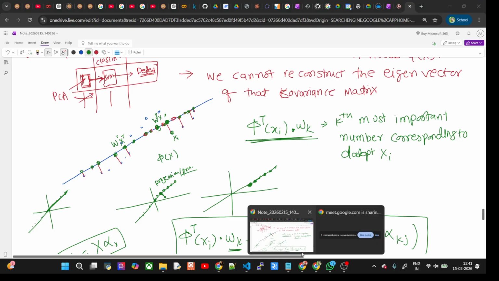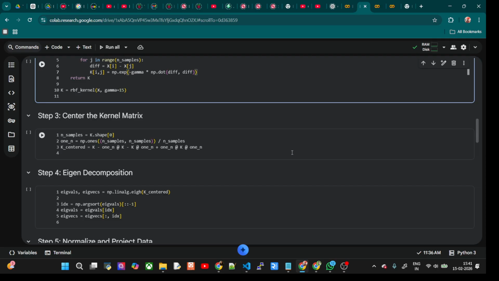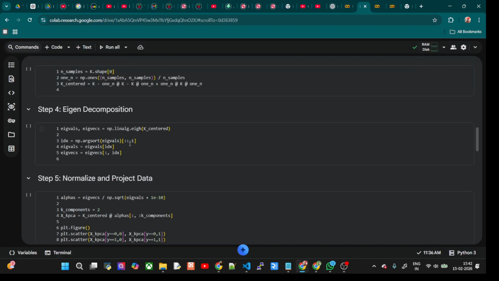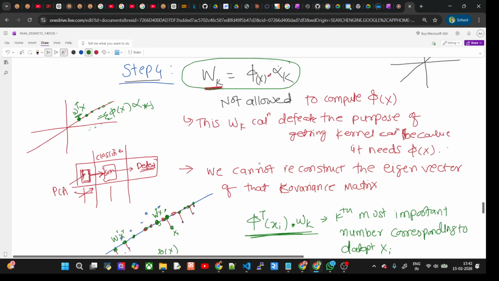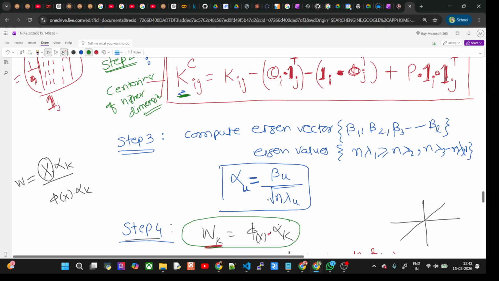And this is the setup here. I am centering the data, doing the eigen decomposition, and calculating eigenvalues and eigenvectors. Here you see alpha is normalized by the square root of n lambda, because we are interested in eigenvectors having length equal to 1, so that's why we are normalizing: the vector is divided by the square root of the eigenvalues.